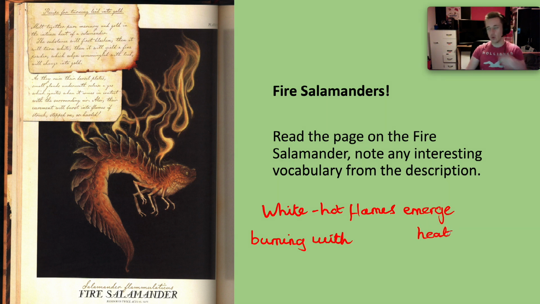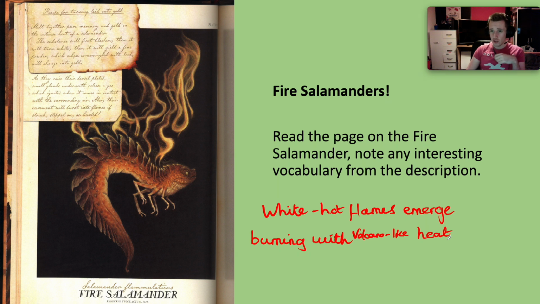What could I say? White-hot flames emerge, burning with, I'm going to go for volcano-like heat. There we go. First 2 lines of a poem done. I need to do 2 more and I'm finished.